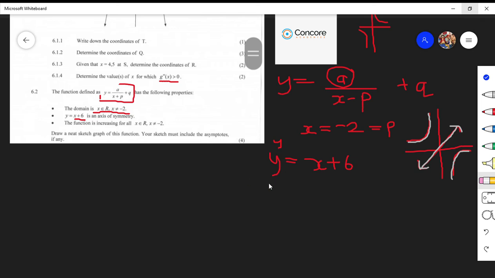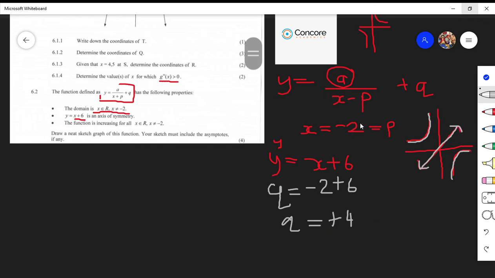So remember, y is the same as saying q, because y is equal to q. So we can have q is equal to, and our x value, they already gave us our x value as -2. So we can say q is equal to -2 plus 6, and therefore q is equal to positive 4.